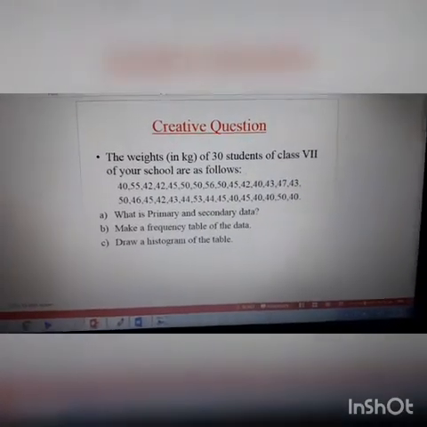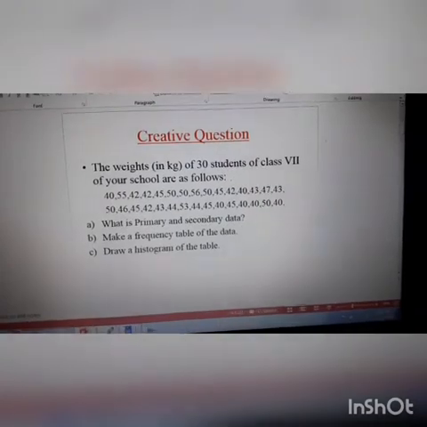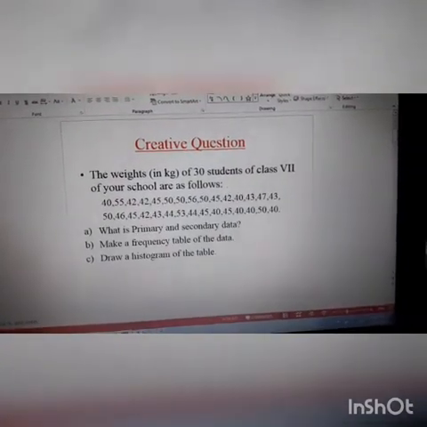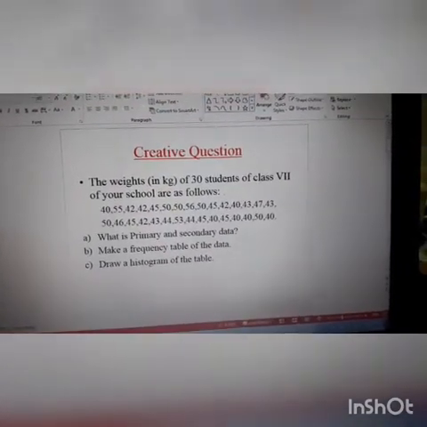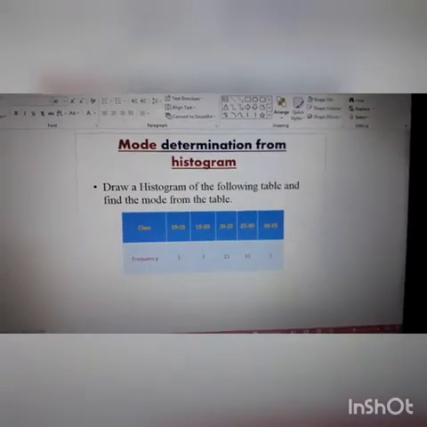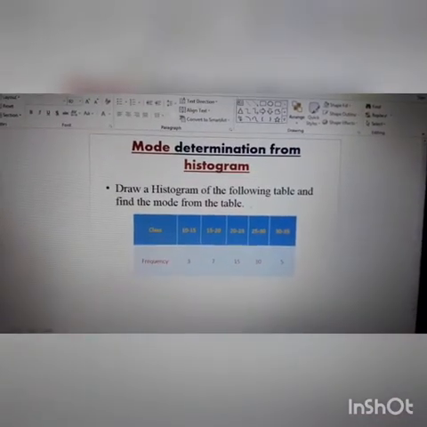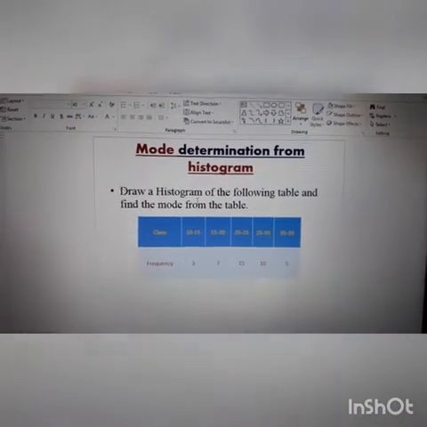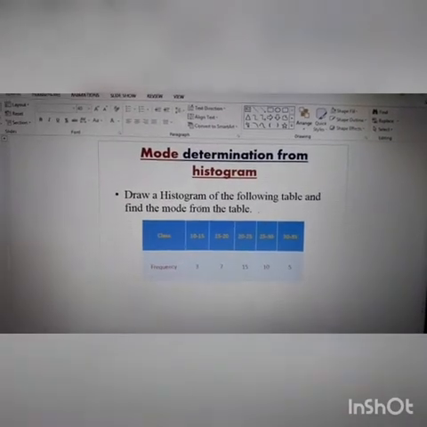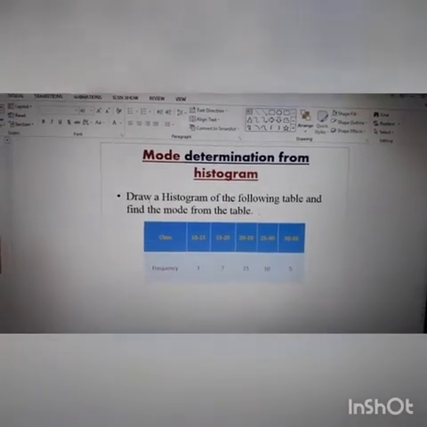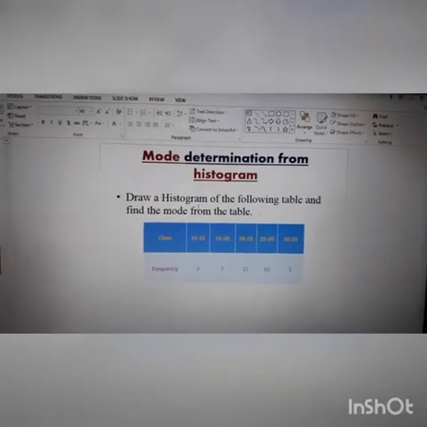So, today's creative question is highly important for your half yearly examination. Now, there is another topic: from the histogram we have to determine the mode. We understood how to draw a histogram.